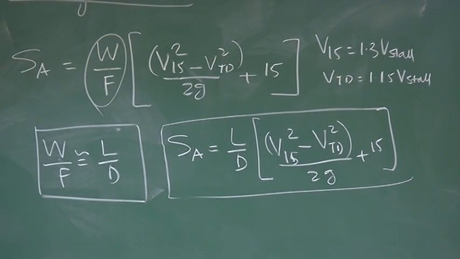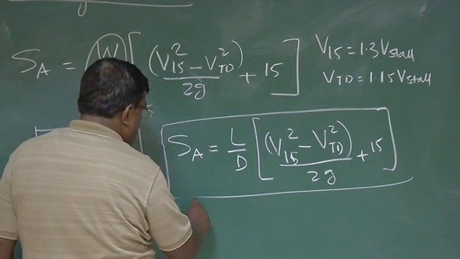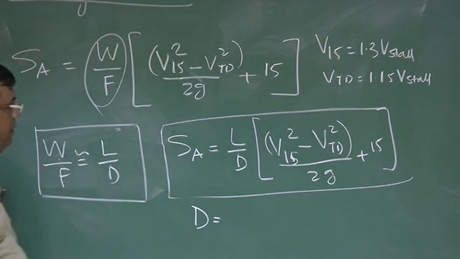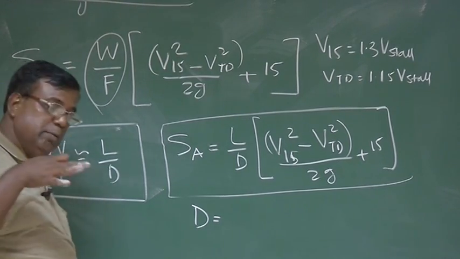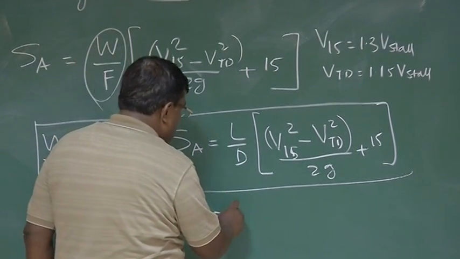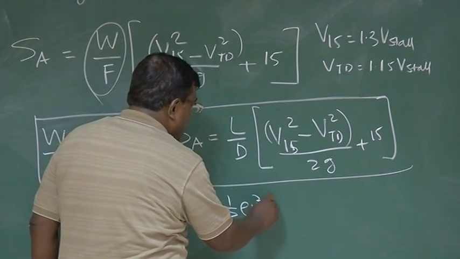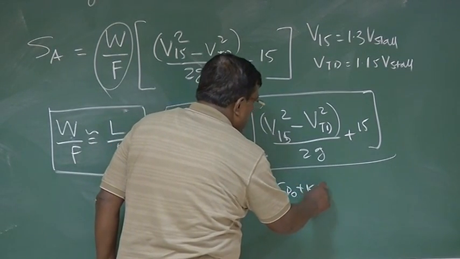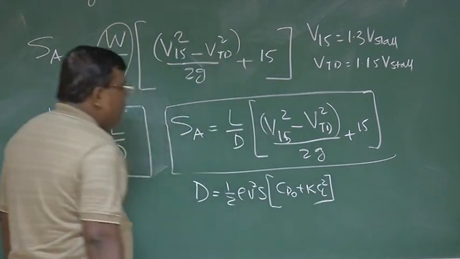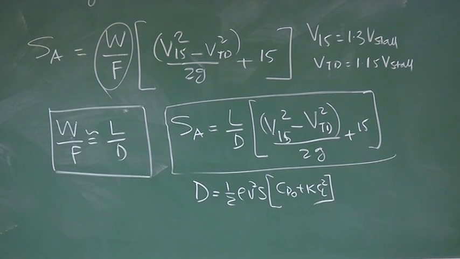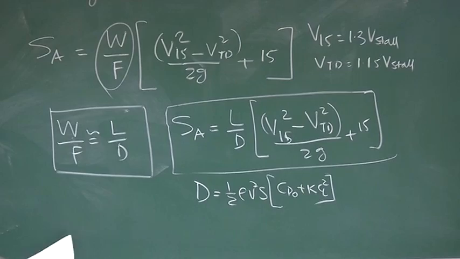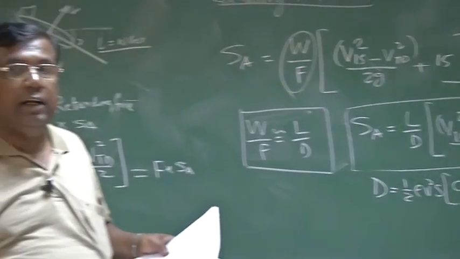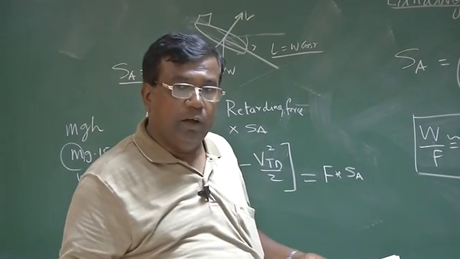What is also more important, you should understand, is that when you're talking about drag, during the air, drag we know is half rho V square S CD naught plus KCL square, isn't it? But the moment you put the landing gear out, the moment you put the flap down, it changes. CL is fine, but because of landing gear out, there is a CD naught of landing gear. Because the flaps are down, there will be an increase in drag because of flaps down.